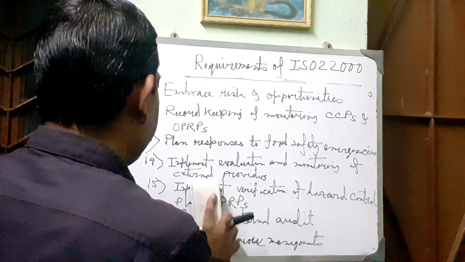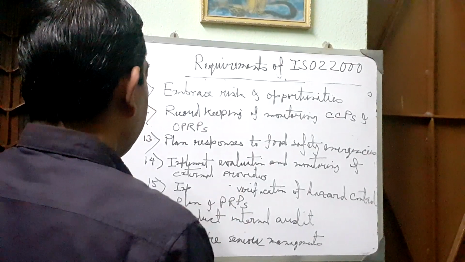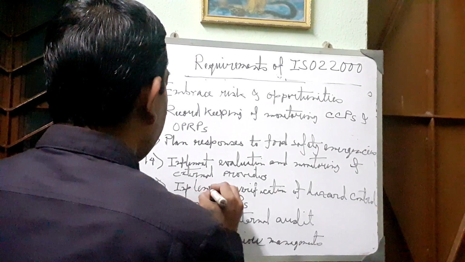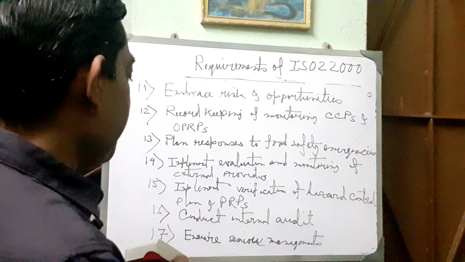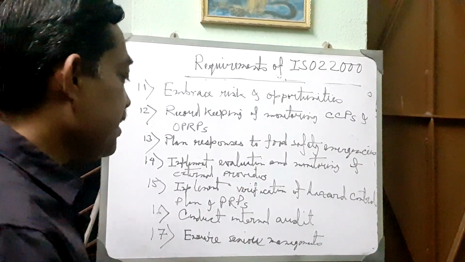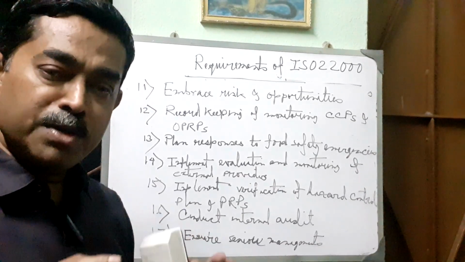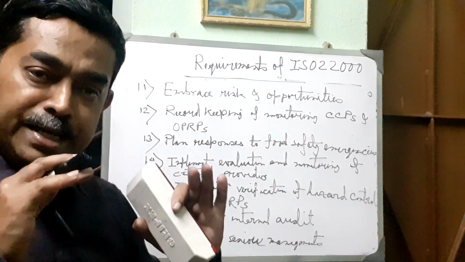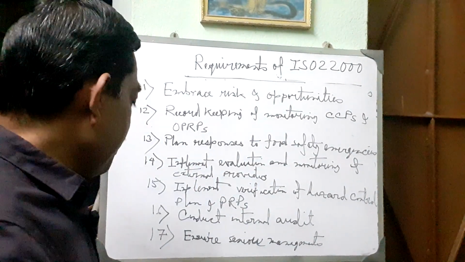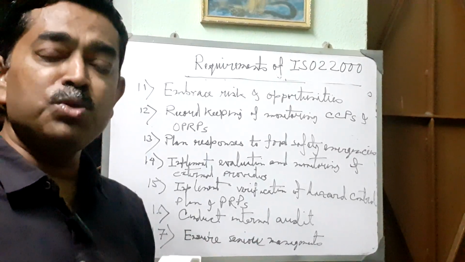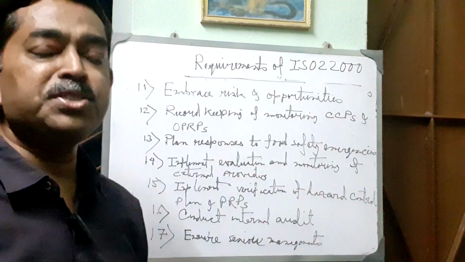Implement verification of hazard control plan and PRPs, conduct internal audit for the food safety management system at regular intervals, and ensure senior management strategically reviews the food safety management system.